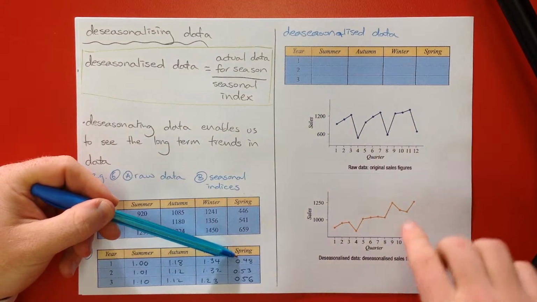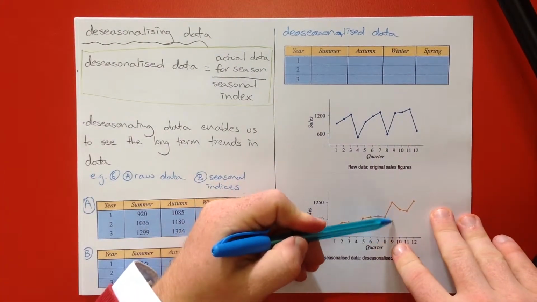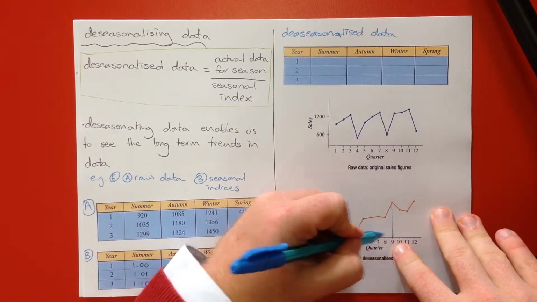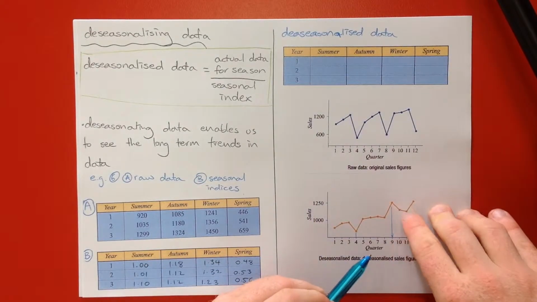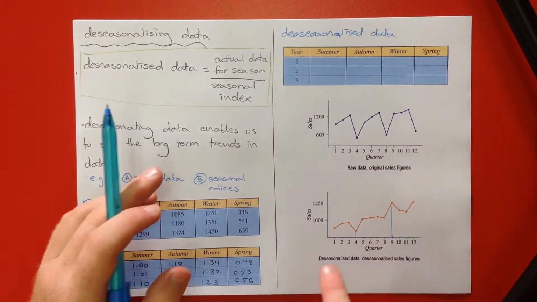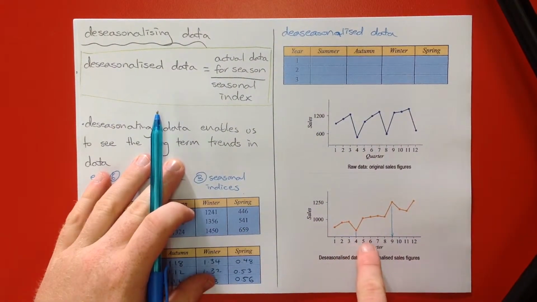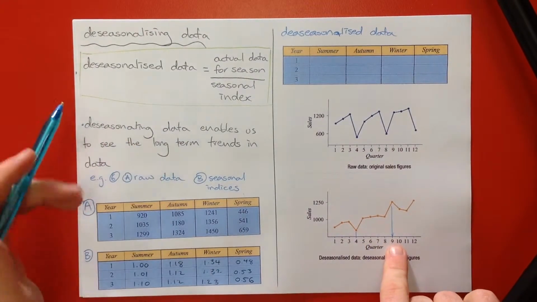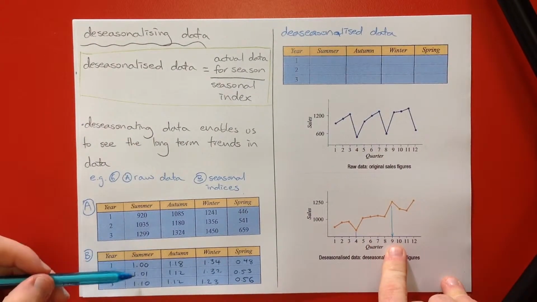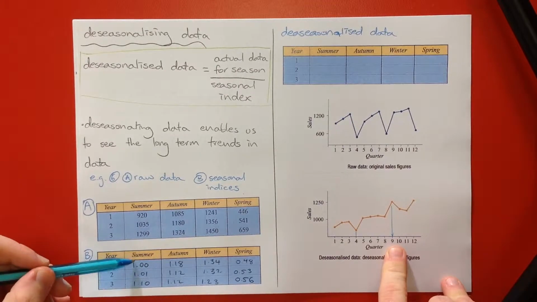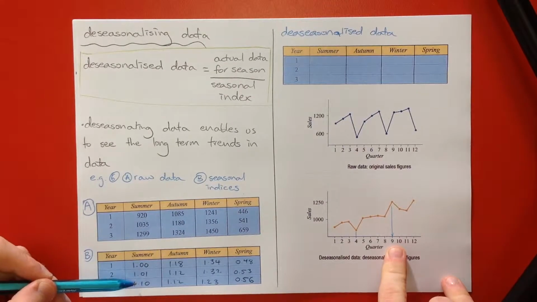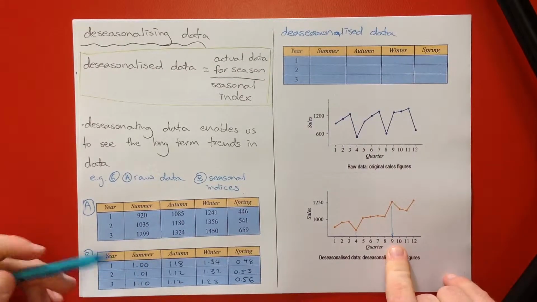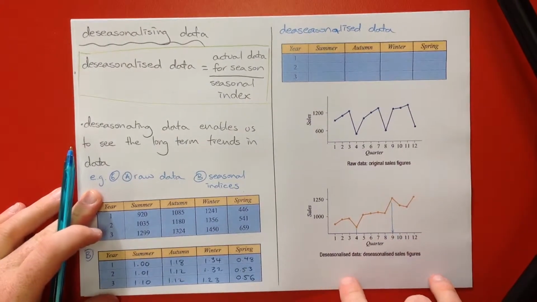Then all the way up here, number 9, that must have been summer of year 3. In summer of year 3 we sold 1.1, quite a bit more than we did in the other summers, quite a bit more than expected. So you can see we've got this peak in sales in summer in year 3.